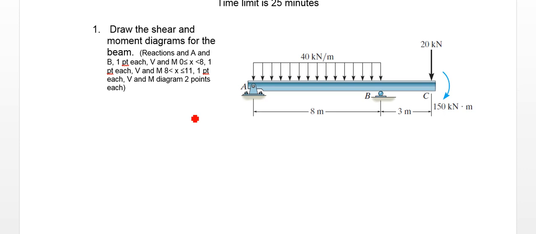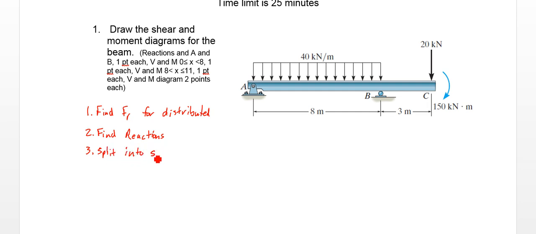So as we look at this beam, you can see here we have a distributed load. So our first step will be find the resultant load for our distributed load. Step 2, find our reactions. Step 3, we'll split the beam into sections.